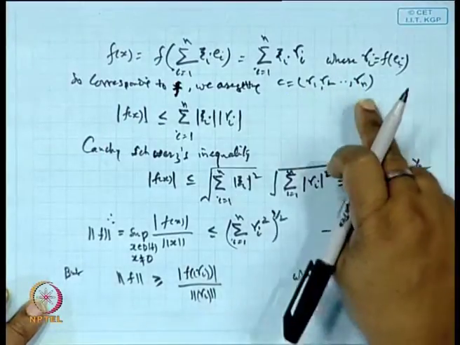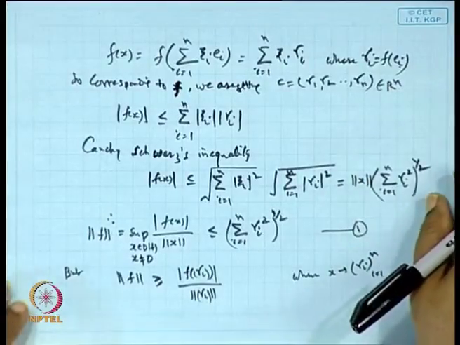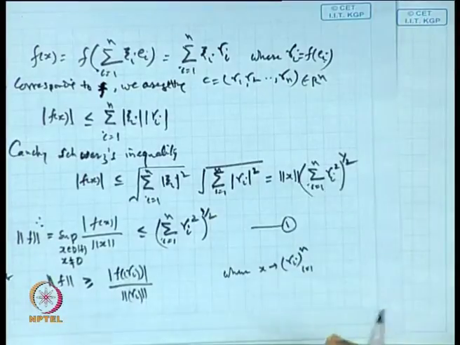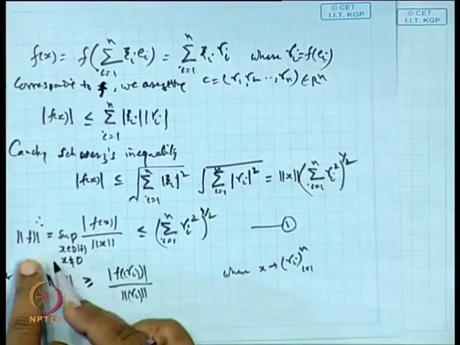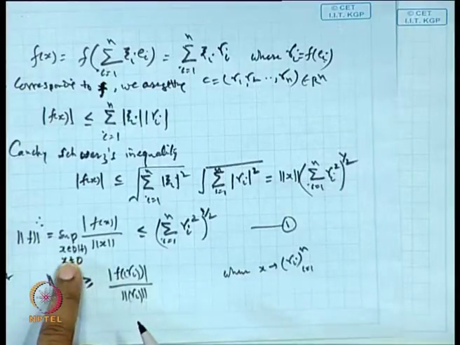So this C will be a point in R n. Why is it in R n? Because it is n tuples. So here this norm is the supremum taken for all f x where x belongs to R n.